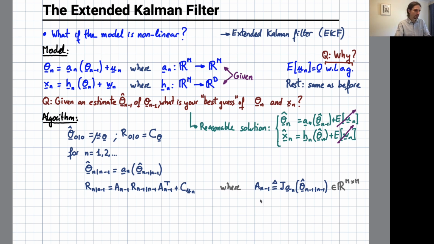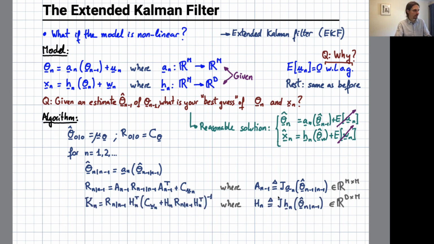So it makes sense. It's a local approximation of the transition matrix, let's say. Then we need to compute the Kalman gain, which is the same equation, but now we don't have an observation matrix, so what we use is the Jacobian of this function here.